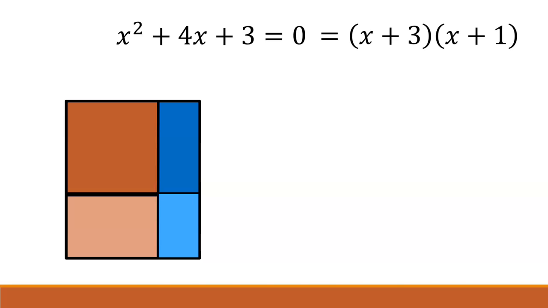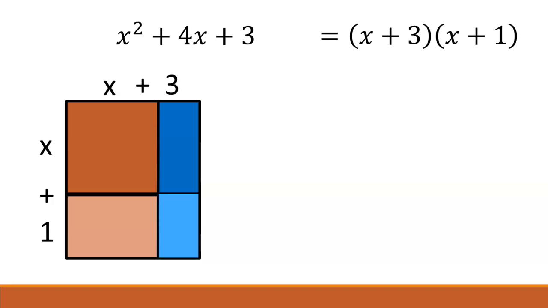Now let's apply that same idea of using an area model to find the result of a multiplication to check our quadratic equation solutions. We factored x squared plus 4x plus 3 into x plus 3 times x plus 1. So if we want to find the area of the rectangle, we can multiply x plus 3 times x plus 1 as the dimensions of the sides of the rectangle.